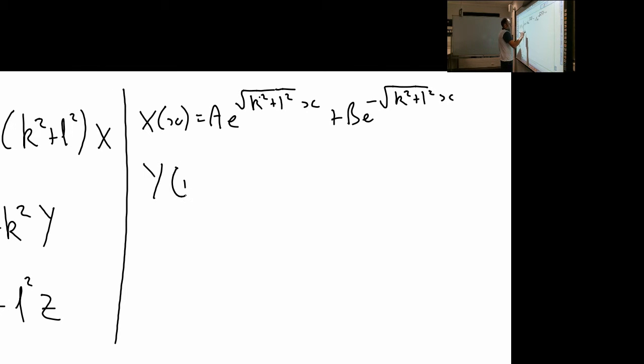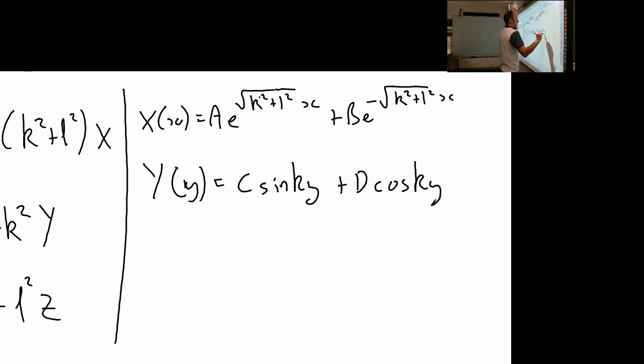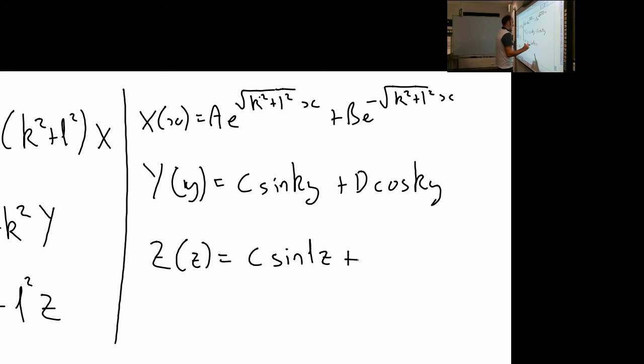For y, it is going to be a negative solution, so we have C sine ky plus D cos ky, and for z it's also going to have a negative solution, so it's going to be C sine lz plus, we're going to use E here, plus F cos lz.